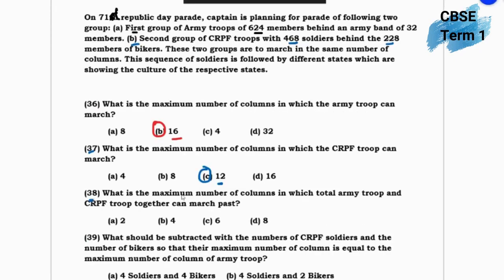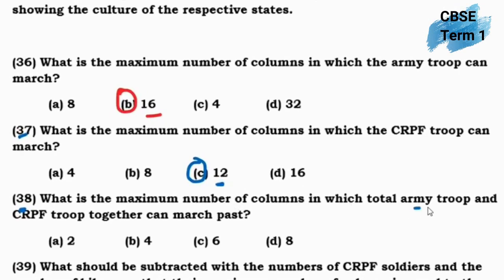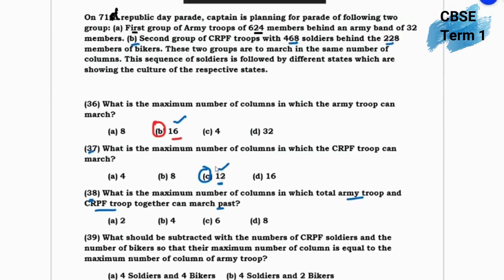38th question: what is the maximum number of columns in which the army troops and CRPF troops together can march? We got the maximum number of columns for the army troops as 16 and for the CRPF troops as 12. So we have to take the HCF of 16 and 12, which is 4.